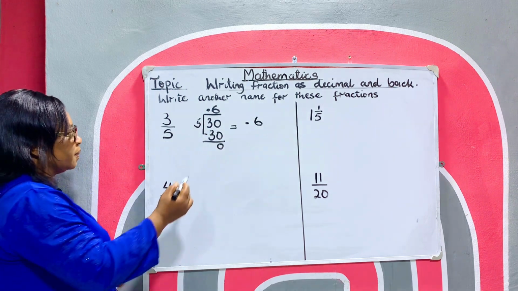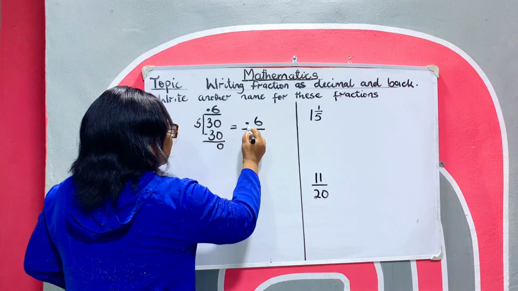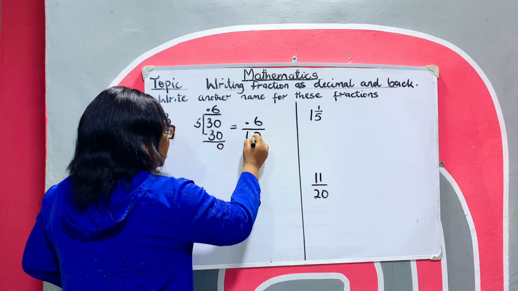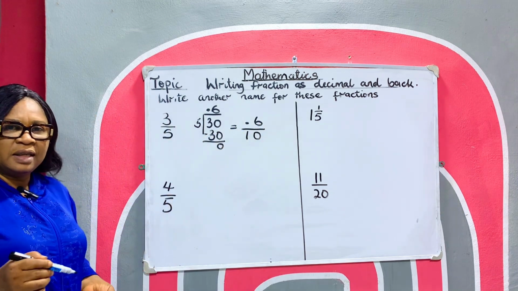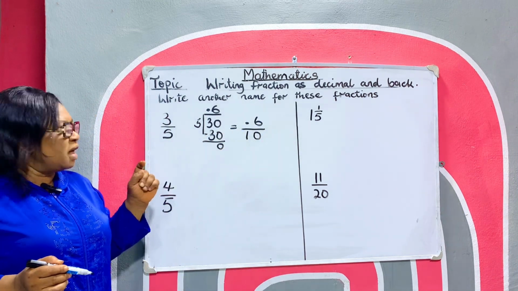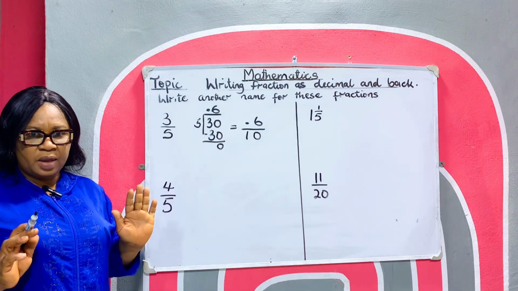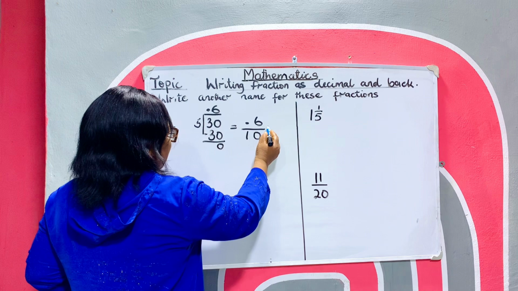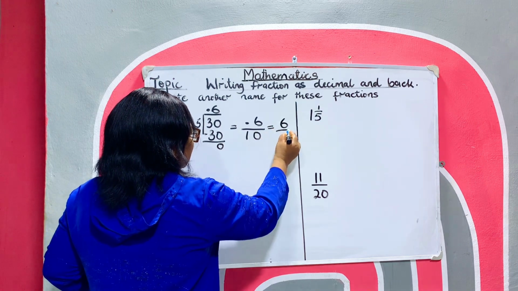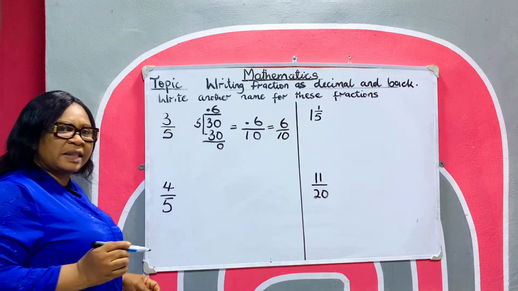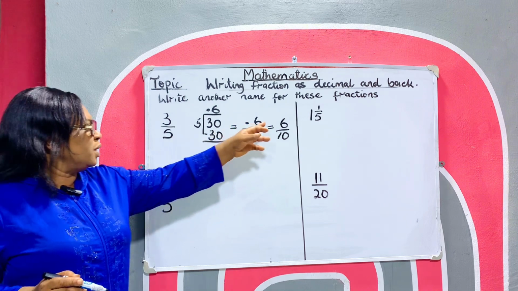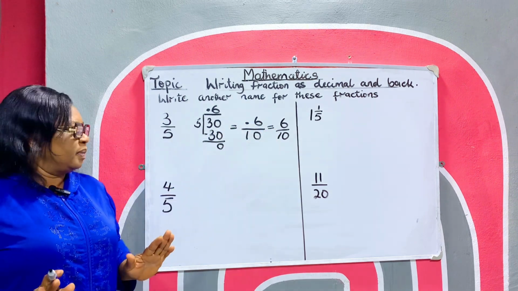How do we do it? As I told you, the decimal will take 1, and this is 6/10. And immediately you make it 6/10, the decimal will no longer be there. It will just simply mean 6/10. And you reduce it to its lowest term.